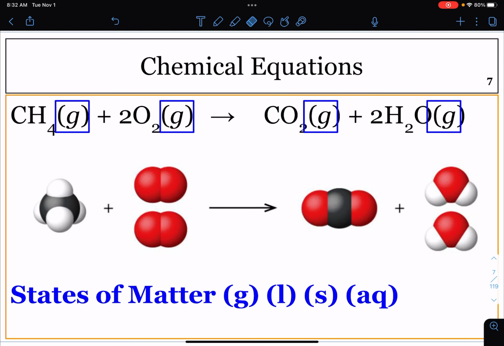The letters in parentheses show what state of matter each compound is. A G means a gaseous phase, L is liquid, S is solid, and AQ is aqueous. If you remember from Chapter 3, when we learned that ionic bonds dissolve in water to break apart into ions, which is called dissociating, that is what aqueous means, dissolved in water.